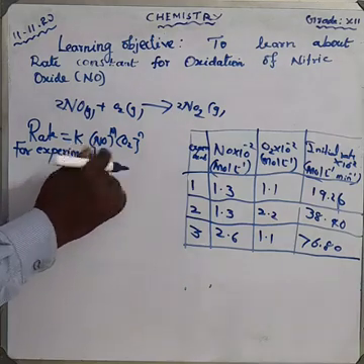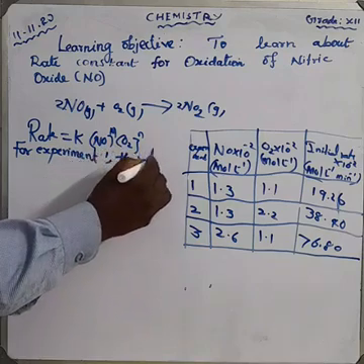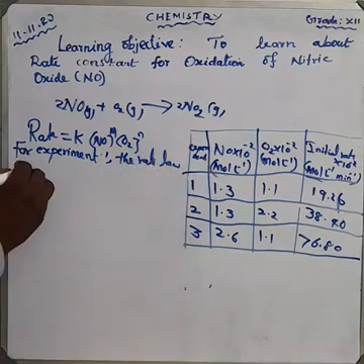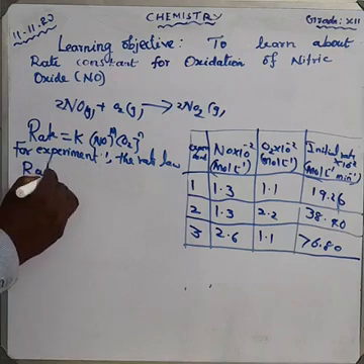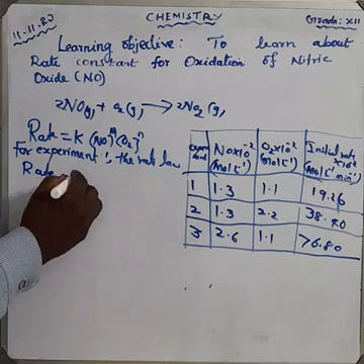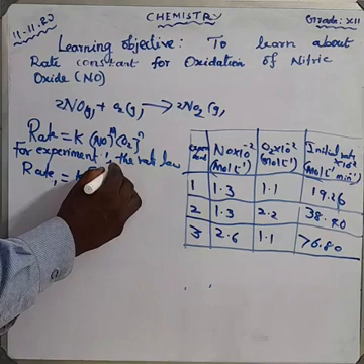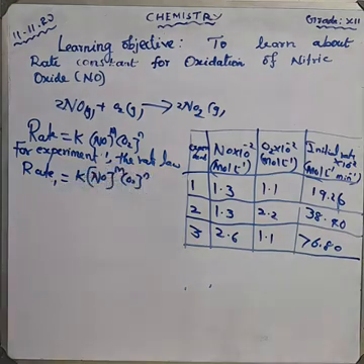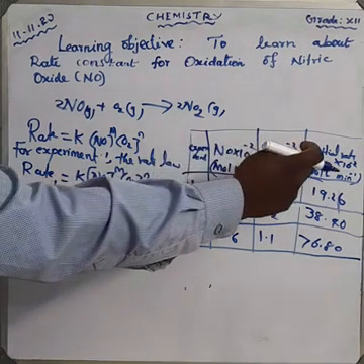For experiment 1, what is the rate law? Rate 1 is equal to K into NO power m, O2 power n. Okay? So what is the value of rate 1? This is the initial rate.